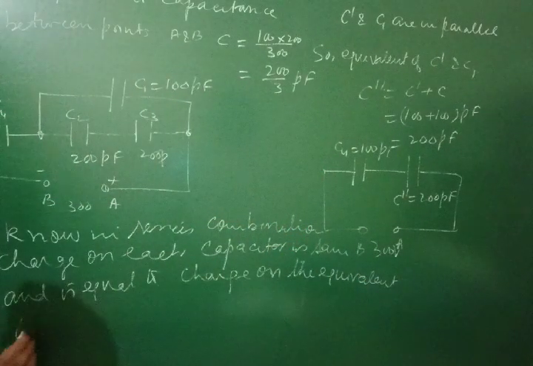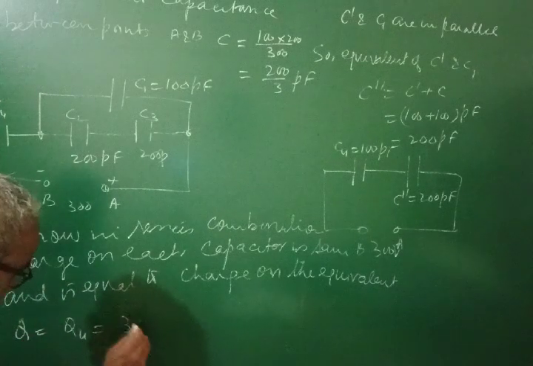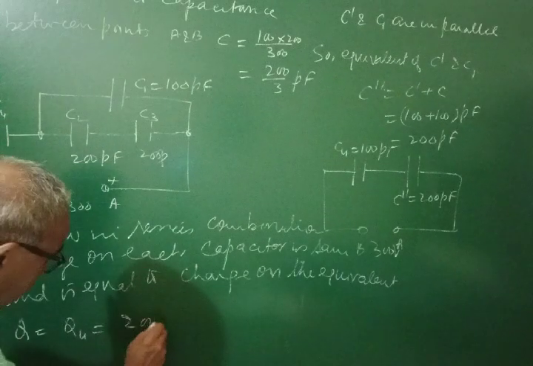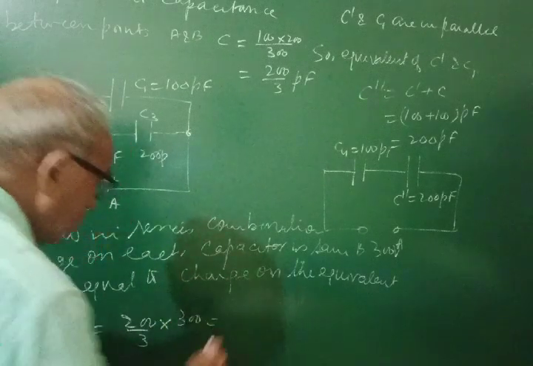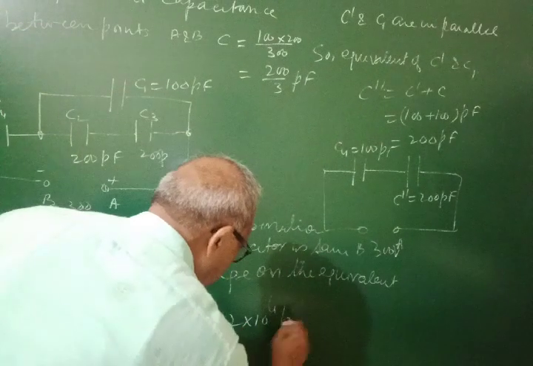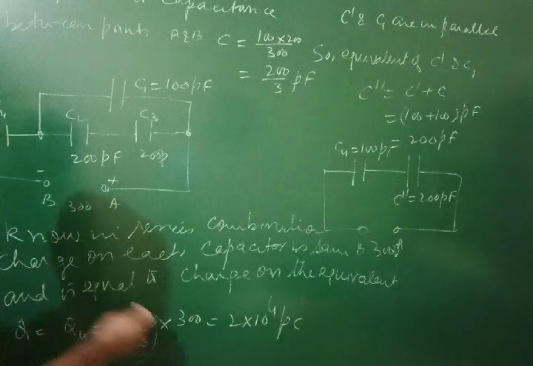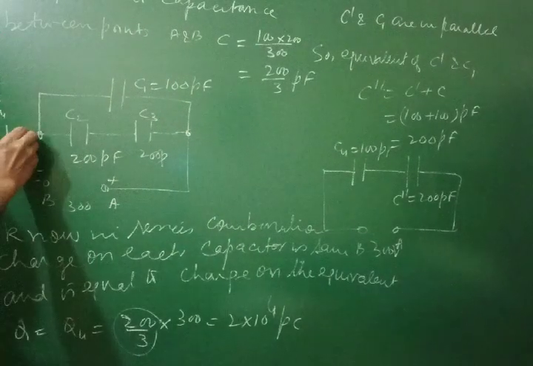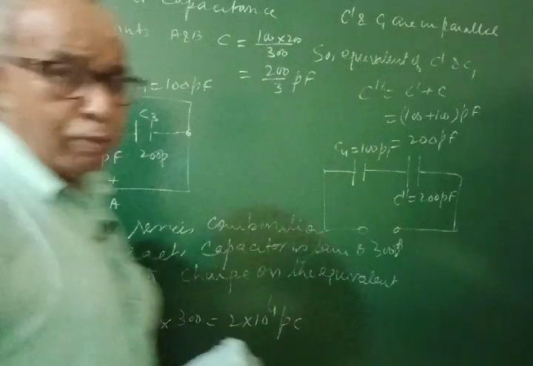So Q is equal to Q4 equal to CV, 200 by 3 into 300. So it is 2 into 10 to the power 4 picocoulomb. It is in picocoulomb because this is in picofarad. So on this, charge is 2 into 10 to the power 4 picocoulomb.